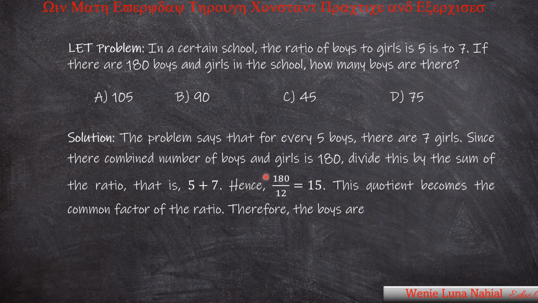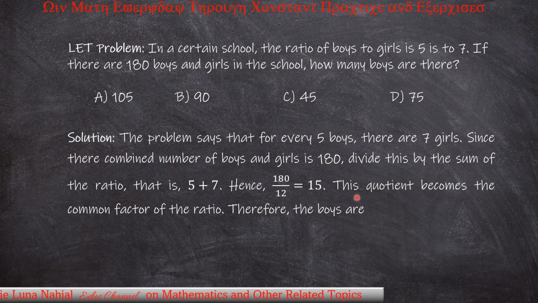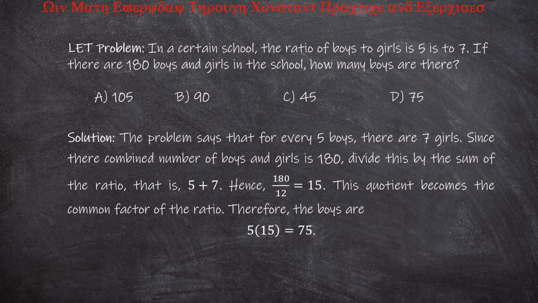Hence, 180 divided by 12 is equal to 15. So this quotient, 15, becomes the common factor of the ratio. Therefore, the boys are 5 times 15, and that is equal to 75. So the answer is letter D.